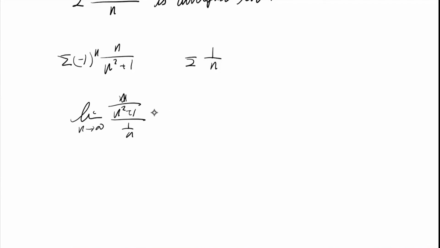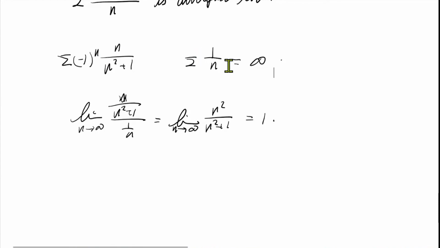You see this becomes the limit as n approaches infinity of n squared over n squared plus 1 times the comparison term, which is 1. That means these two are about the same thing. And then this, we have done it many times, is equal to infinity. So these two converge or diverge in the same way. This is divergent, so this is divergent as well.